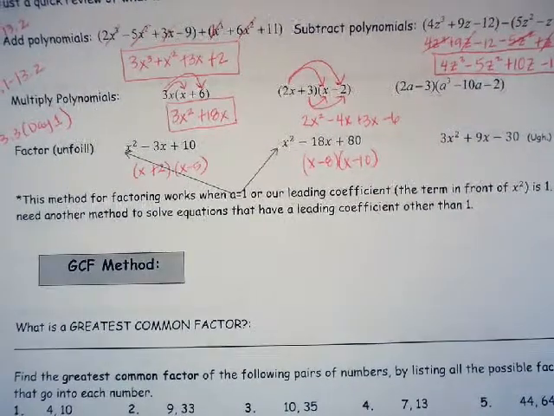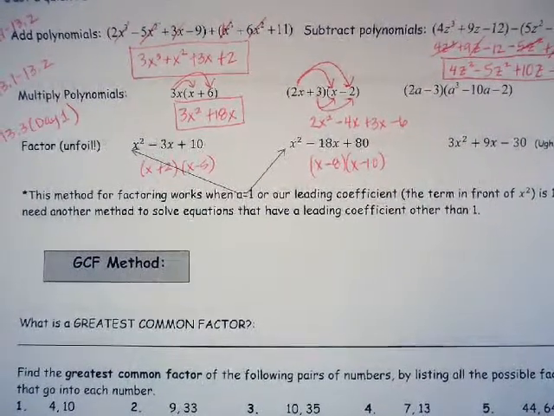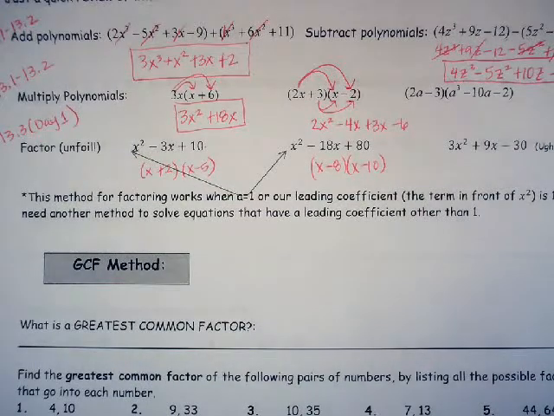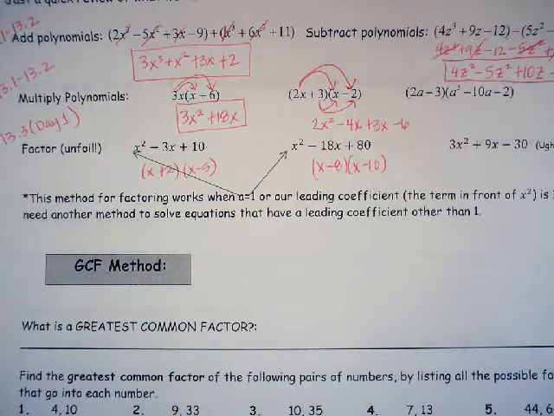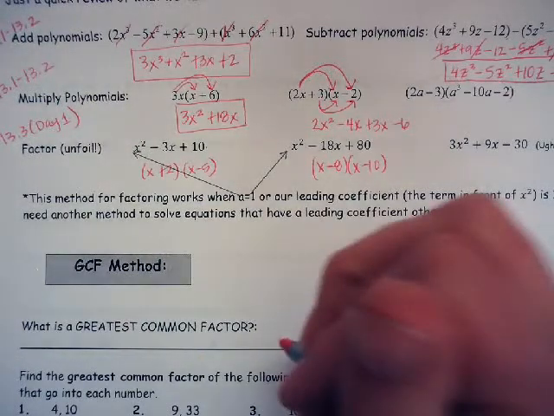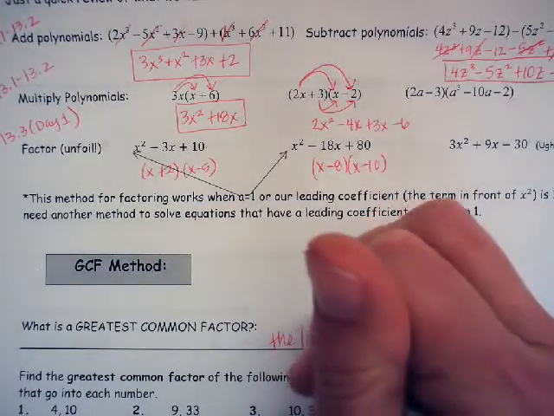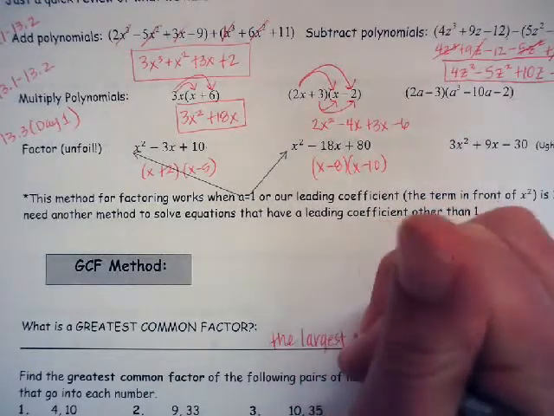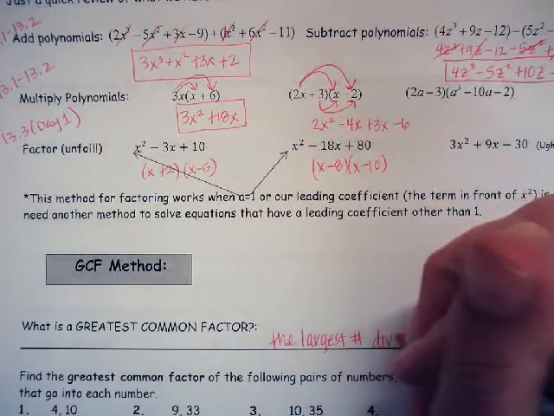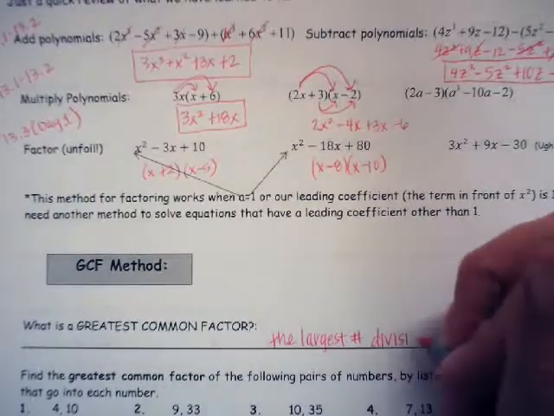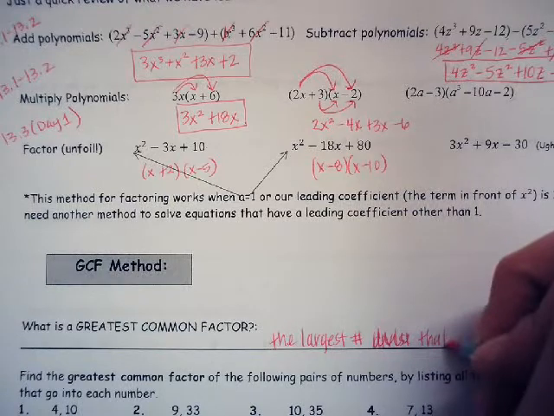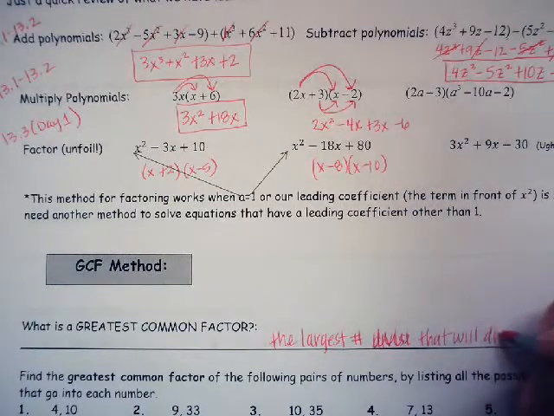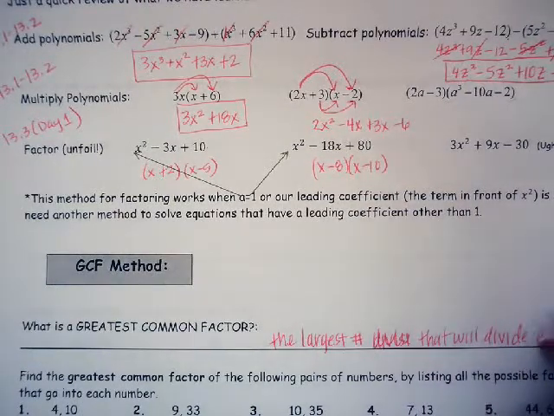First of all, what is a greatest common factor? This goes back to, I don't know, 6th grade, 7th grade. It's where I have a number, and it's the biggest number that will go into both of them. So the largest number divisible that will divide evenly.